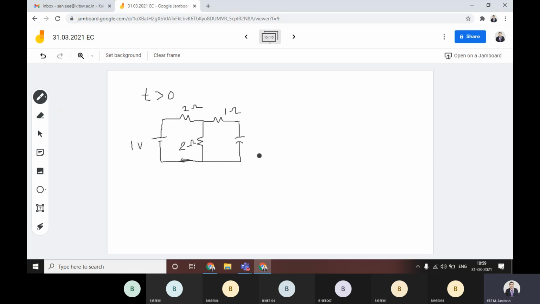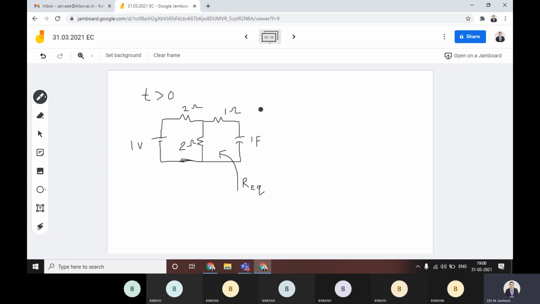That capacitor value is 1 farad. Whenever you are calculating R equivalent, you have to look from the capacitor end. Why? Because the capacitor is here. You try to practice that way, you will get correct answers. Sometimes you may have an illusion about which elements are series or parallel. When you look from the capacitor end, then only you can calculate the R equivalent value.